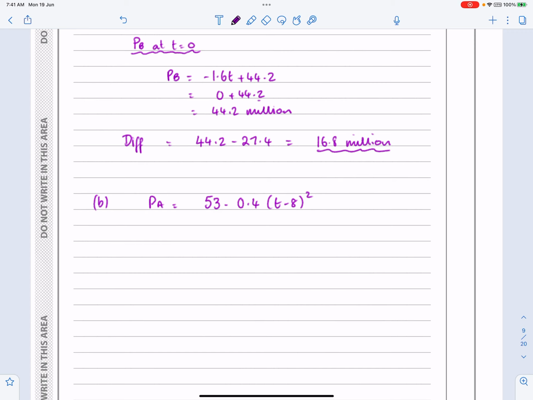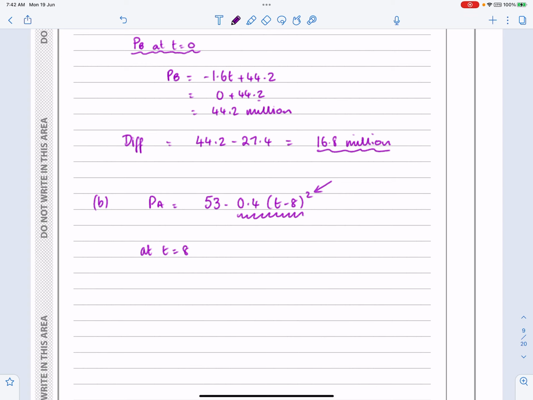The whole point, just really quickly, is that if I've got this completed square here, 53 minus something there, and the something is squared, the maximum value I can have for P is when that's as small as possible, and the smallest thing that can be is just 0 in this case. Classic completing the square work.